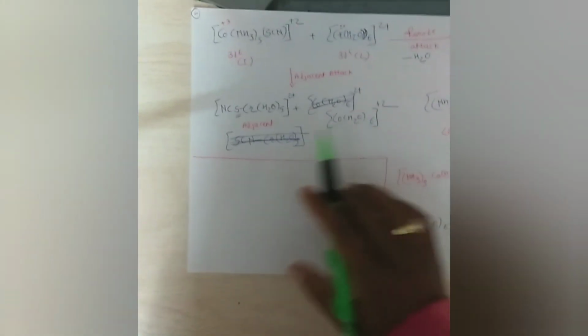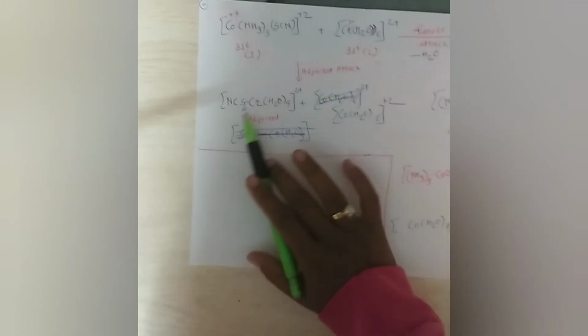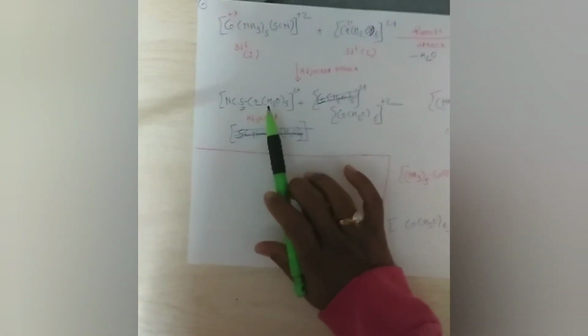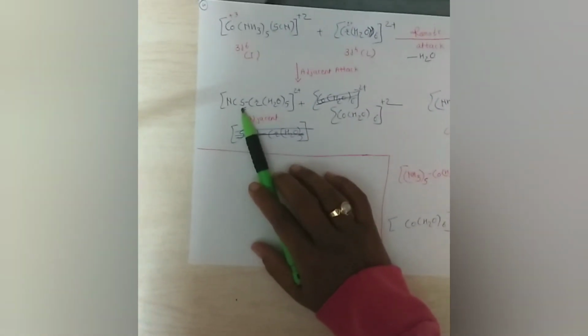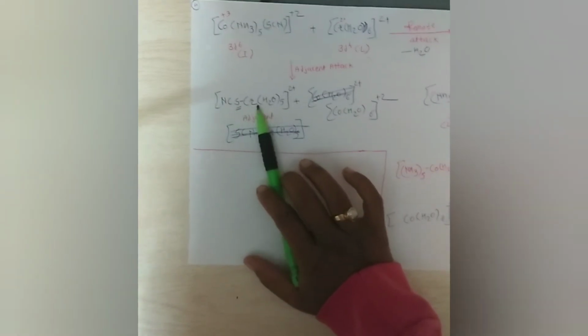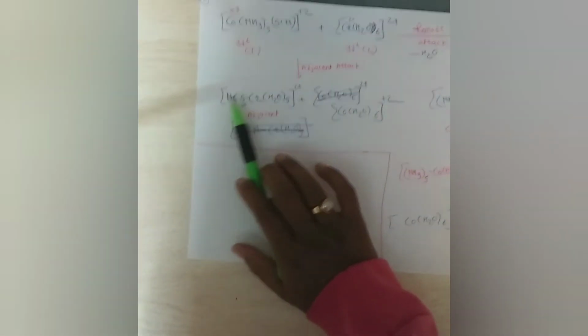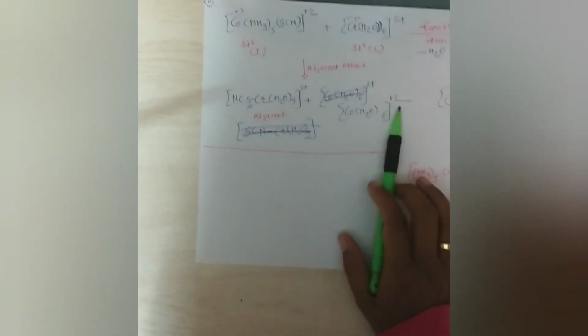Then you should focus on the other one, that is adjacent attack. In the adjacent attack we consider the attack to be from the sulfur lone pair and we are having the isomer of the first complex, that is nothing but CrH2O5 SCN in the +2 oxidation state along with CoH2O6 2+.